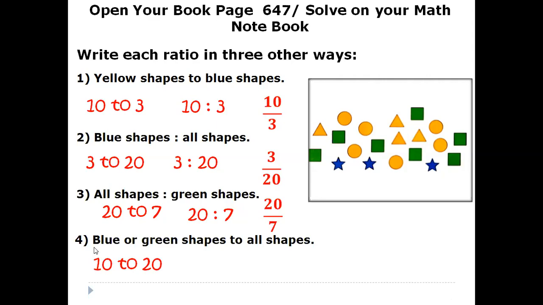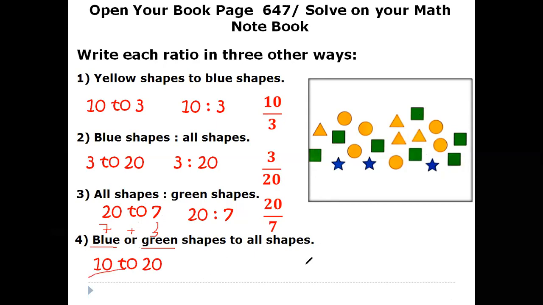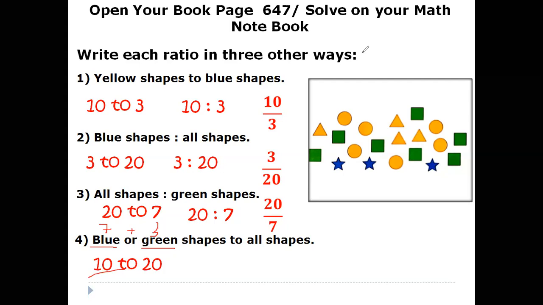It says blue or green. How many green do we have? 1, 2, 3, 4, 5, 6, 7 green. Or, it says or means the blue ones are 3. So 7 and 3 is 10 altogether. It's 10 to all the number of shapes, 20.